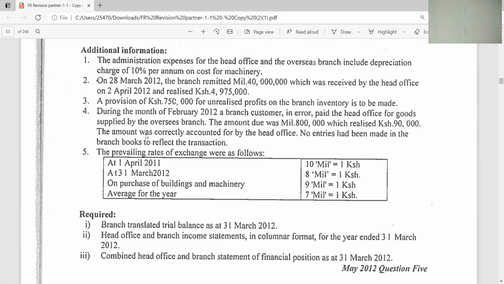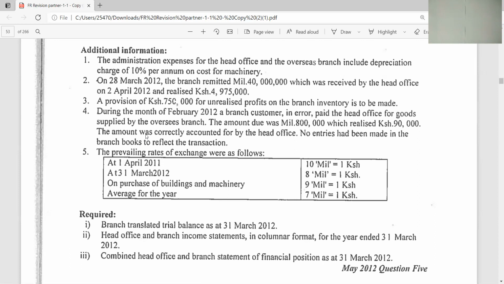Remember that it's the branch customer who paid the head office instead of paying the branch. So when this customer paid the head office, the head office realized 90,000 out of the amount of 800,000 milli. Which means that they have already converted, and they have said that the 800,000 milli was equivalent to 90,000 Kenyan shillings.